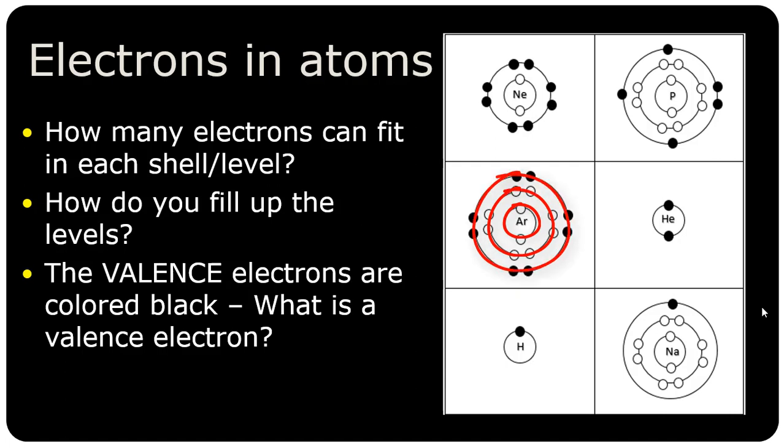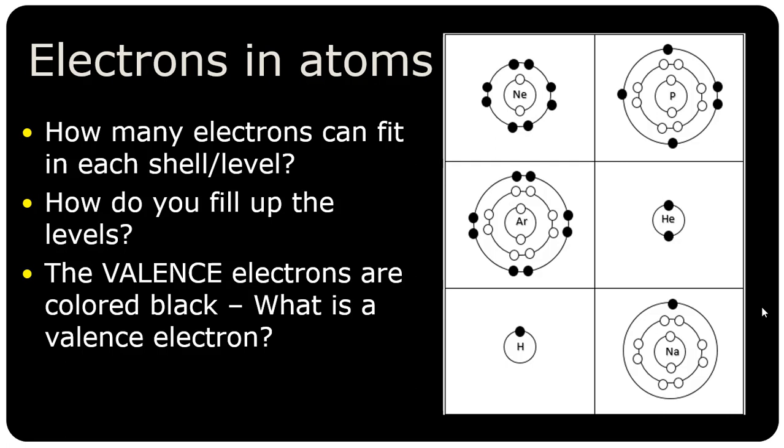Remember, we can call those circles shells. We can also call them energy levels. Anything less than shell or energy level is not very sciencey. So you could call them rings or circles, but try to use shell or level because that's more accurate.